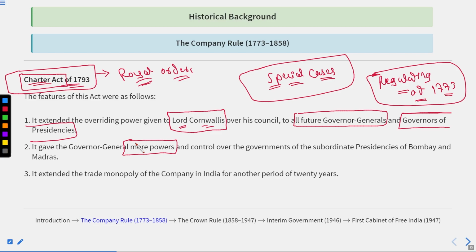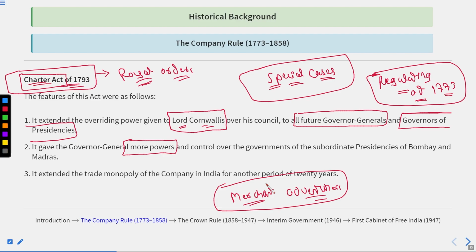Thereafter, it extended the trade monopoly of the company in India for another period of 20 years. Prior to the East India Company, there was a group called Merchant Adventurers, the first group formed by the British merchants.